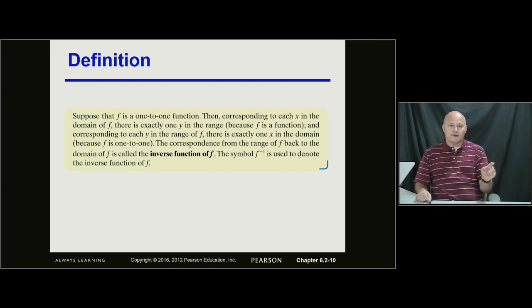If (1, 2) is an ordered pair, then (2, 1) will be a point on the inverse function. If (3, 4) is a point on the original function, then (4, 3) will be a point on the inverse. If (5, 6) is a point on the function, then (6, 5) is a point on the inverse.